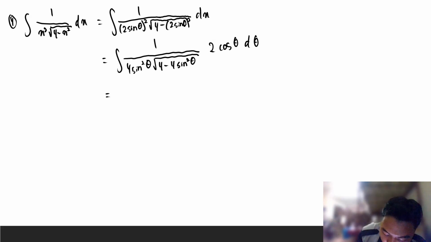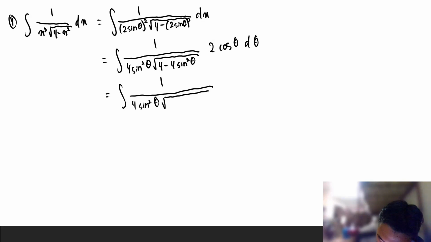Next, solve the one in the square root first. I take out the 4 inside the square root, so it becomes 1 minus sine squared theta, times 2 cos theta d theta.